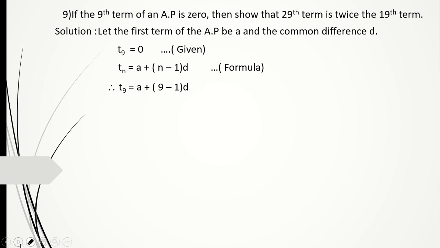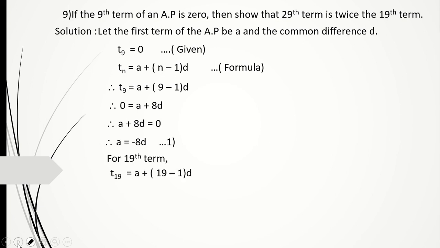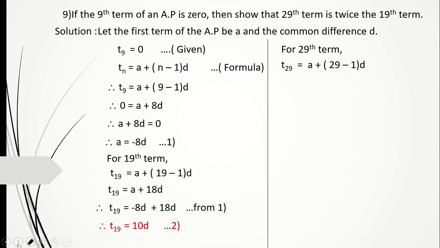T of 9 is A plus 8D. Therefore I keep A here only, 8D is taken that side, therefore A is equal to minus 8D we get. And then we substitute in T of 29 and T of 19. Therefore T of 19 would be 10D and T of 29 would be 20D.